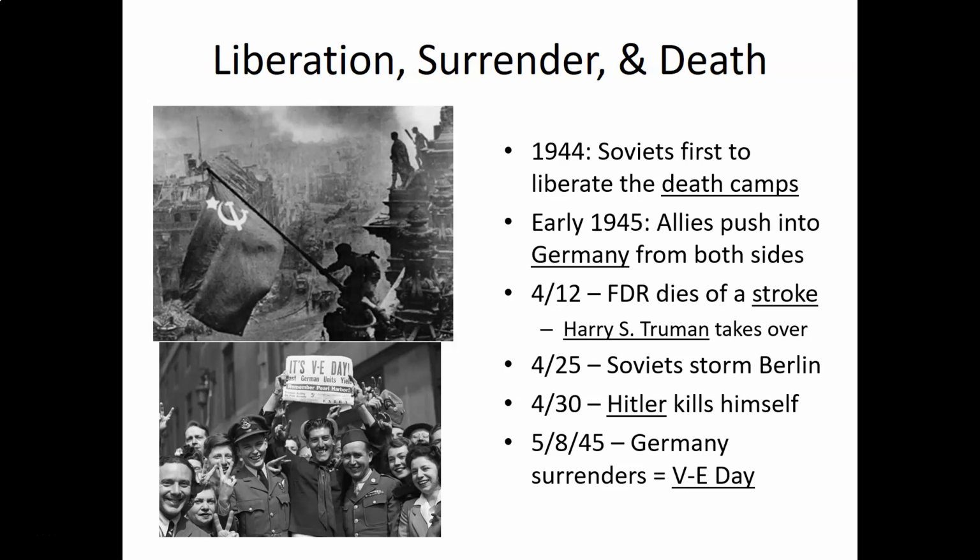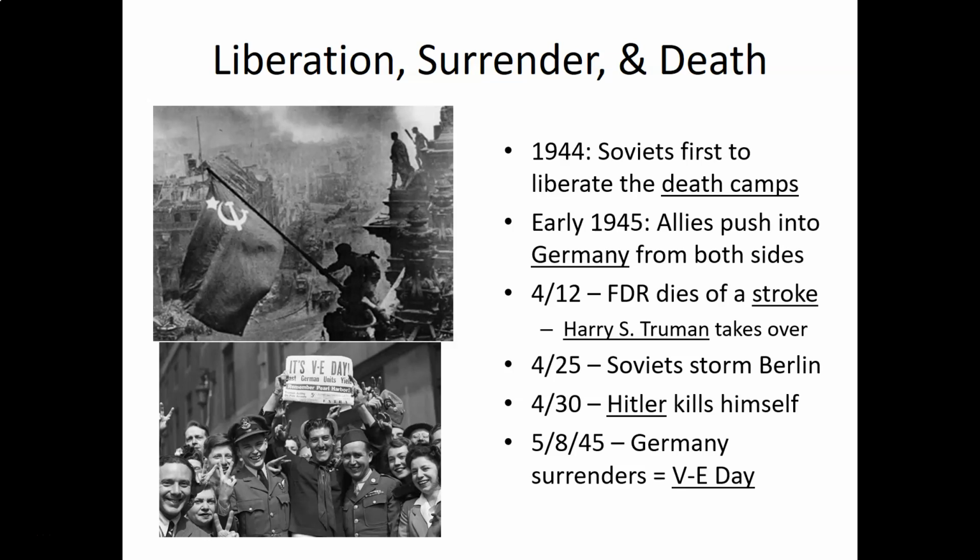But by 1944, they're entering Poland, and they're the first to liberate death camps and see what the Germans have been doing to the Jews specifically. There's evidence coming out. But by 1945, the Allies on both sides are pushing Germany back to their borders, and the Soviet Union is poised to deal that final stroke against the Germans and take them out, especially at Berlin.